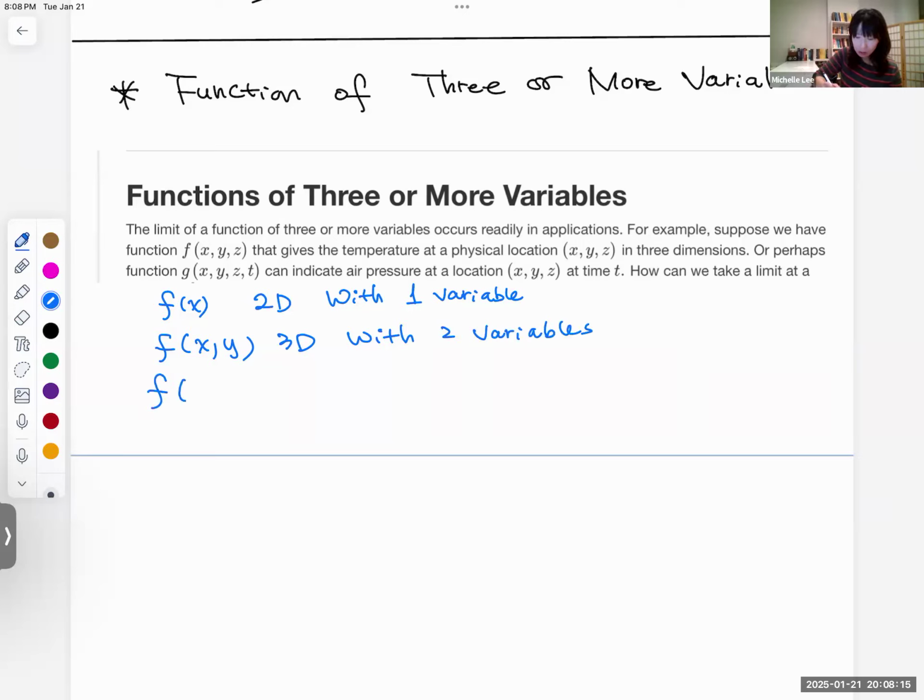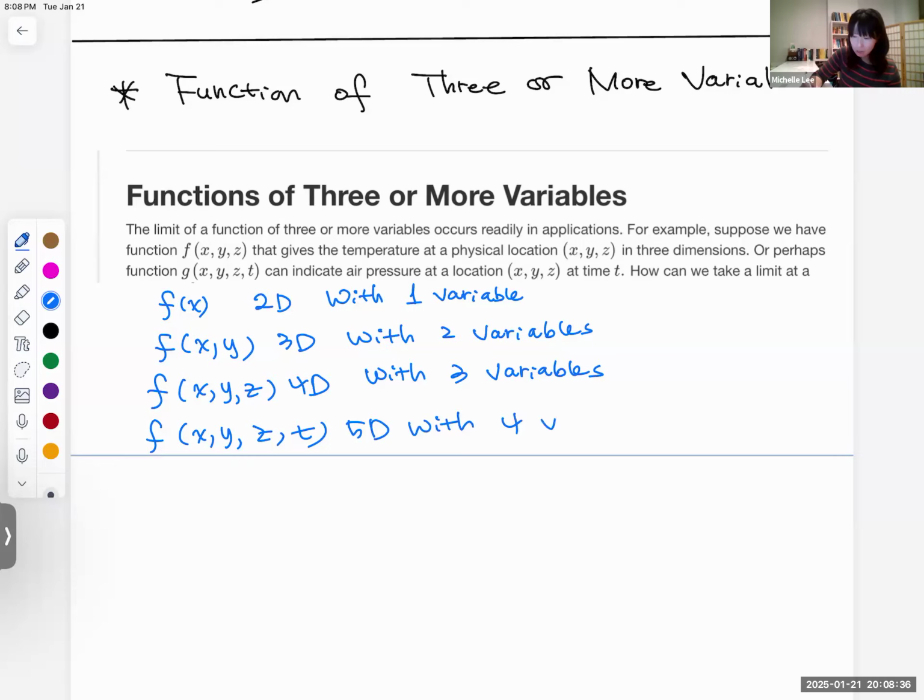Then we have f of x, y, z, which is 4-dimension with 3 variables. f of x, y, z, t is 5-dimension with 4 variables. You guys okay with this?